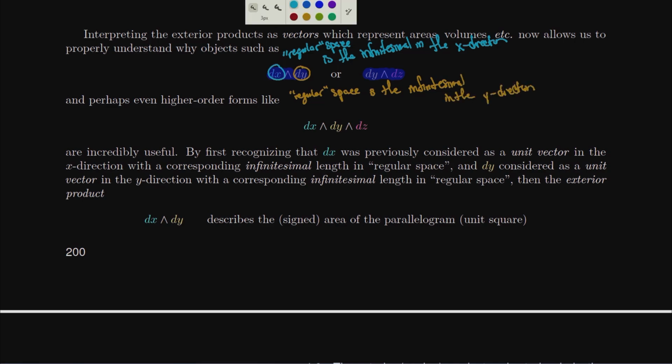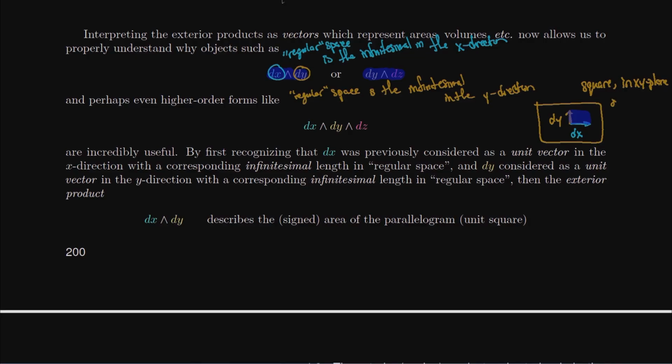And so we can think about, here's my dx vector, here's my dy vector, and when I wedge them, I'm thinking about this square. It's literally the square, and if I go ahead and think about them as infinitesimals, then this is a square, in the xy plane, of infinitesimal size.